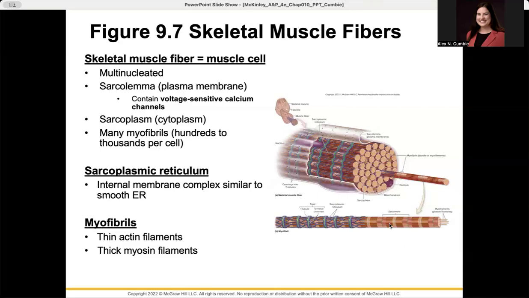These filaments that move across each other are called thin actin filaments and thick myosin filaments. And again, thick and thin tell us a description of the fibers. Actin filaments look thinner, myosin filaments look thicker, and then actin and myosin are the names of the proteins that make up these filaments.